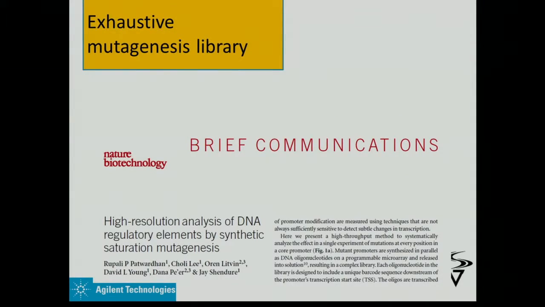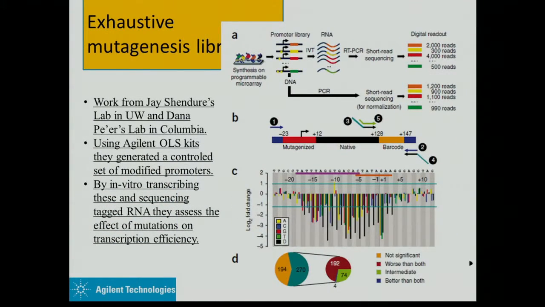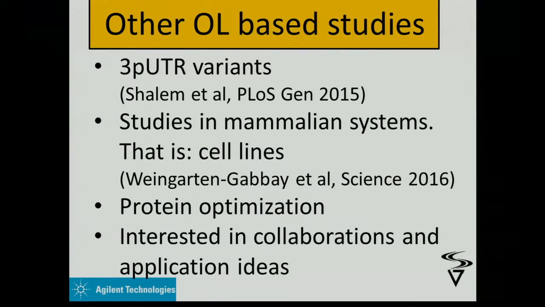I'll just mention that other groups have used oligonucleotide libraries, such as this paper from Dana Pe'er and Jay Shendure, that did scanning mutagenesis of a promoter in E. coli. I'm not going to go into the results. The idea is that using these oligos, you can play with the sequence content of different regulatory elements.